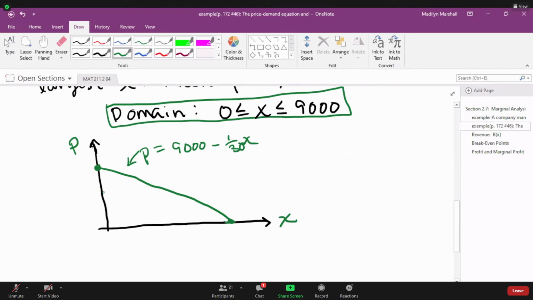Really what we're looking for is that x has to start at 0, and then this is the x-intercept, which is where p equals 0.